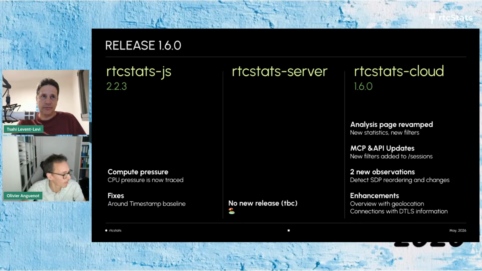You will be able to filter on observation to know which one has a certain kind of observation. You will be able to filter on score if you want to know which session was bad or good. And we also added other kinds of filters to be able to do exactly what we do on our service from your client, which are API or MCP.